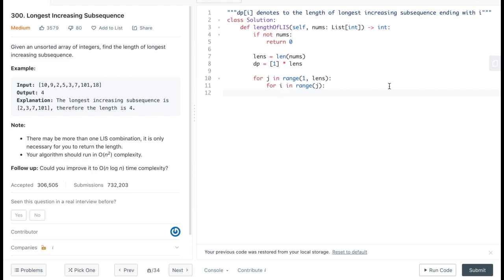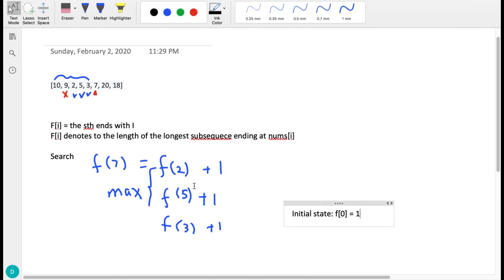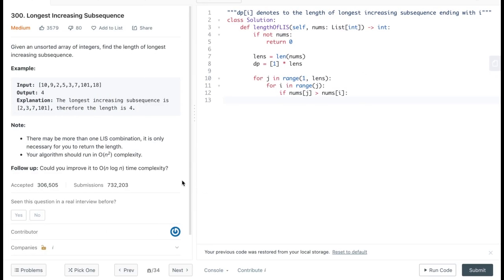That's a good habit. So if nums j is larger than nums i, then we should find the maximum.